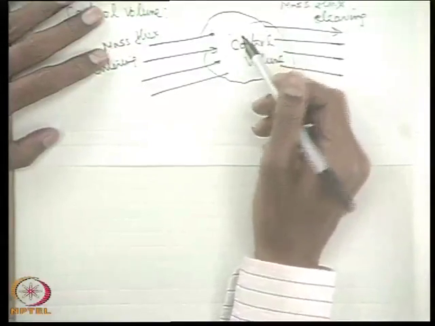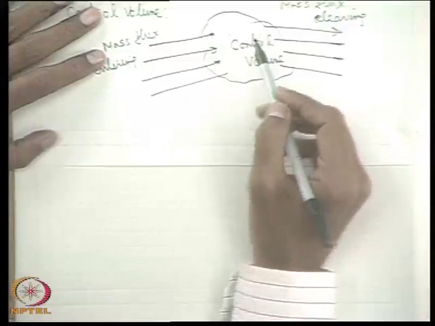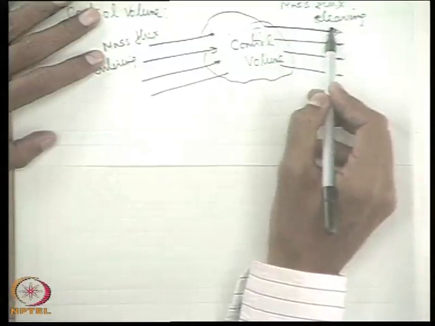The control volume may absorb mass, that means the mass may remain within the control volume, or the control volume may lose mass, some mass may go from the control volume.